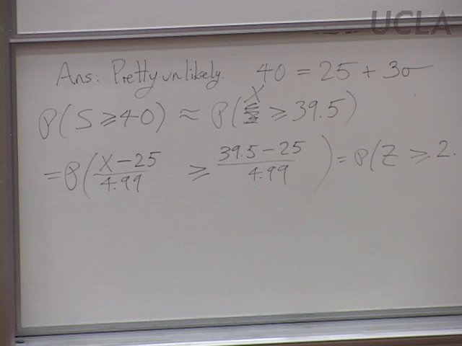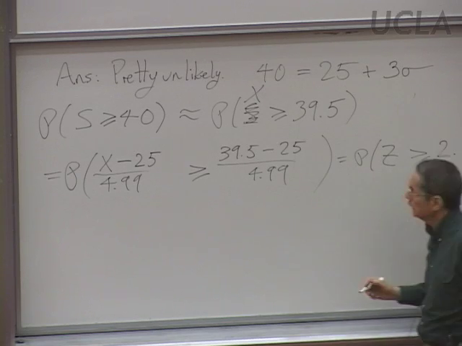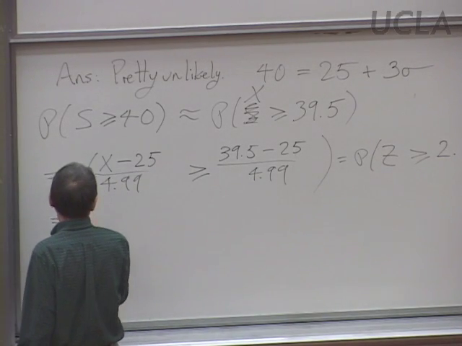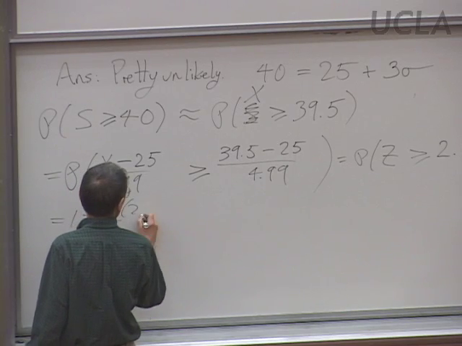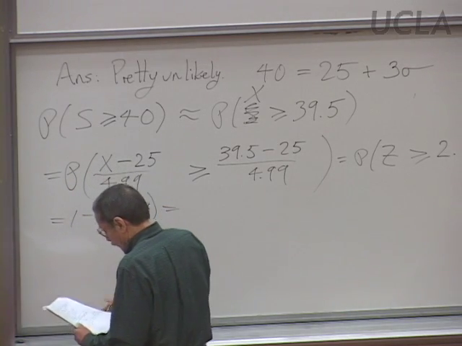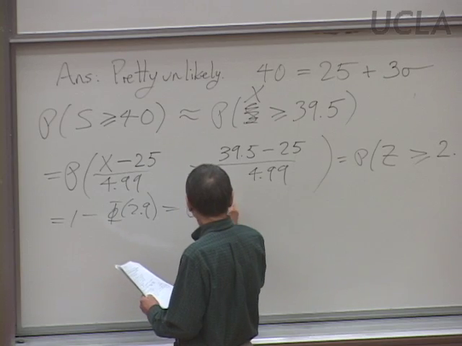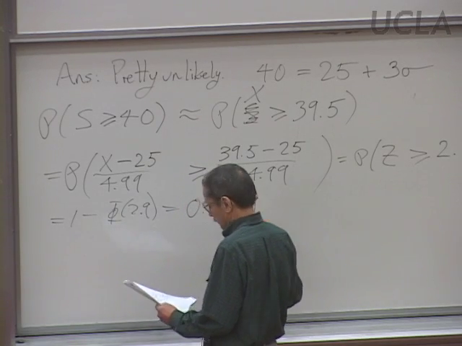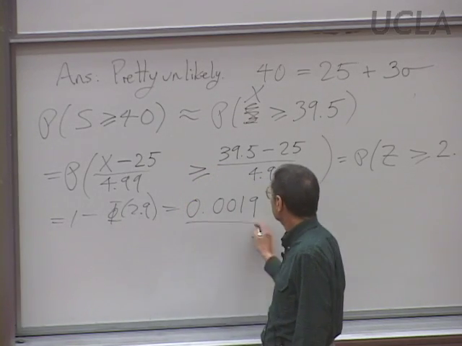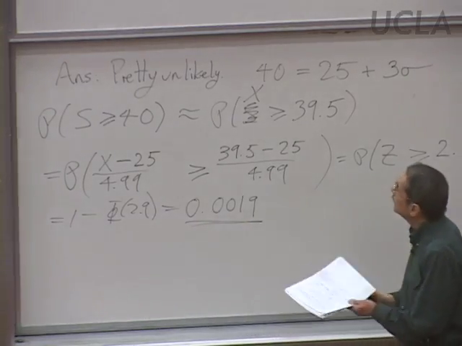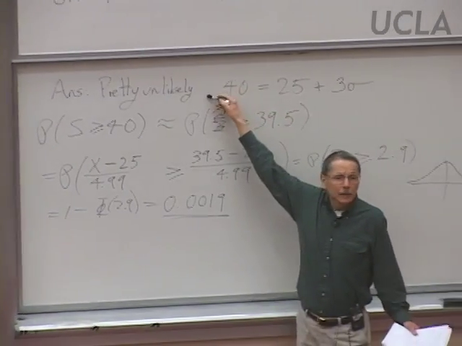Yeah, so we look up 2.9 in our table, but what we want is 1 minus that. Well, so I did look that up in the table. And our first reaction was right.